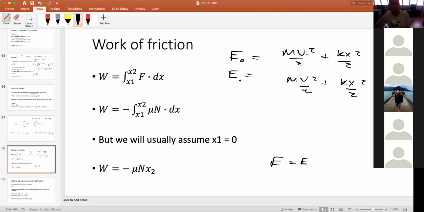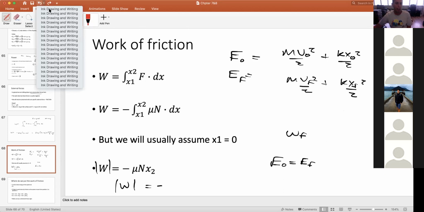So if this is initial and this is final, initial, final is usually what we say. But now we have this work of friction that we have to put somewhere. I'm going to actually do this just to make it easier. Work of friction is equal to minus, absolute value.